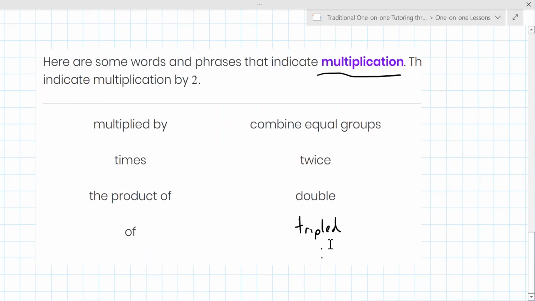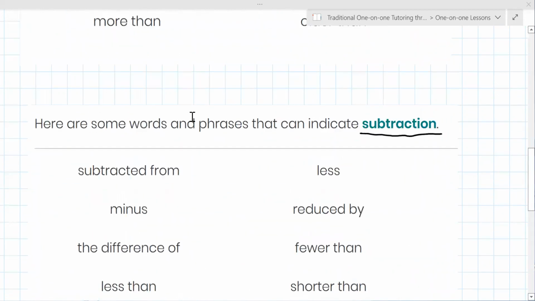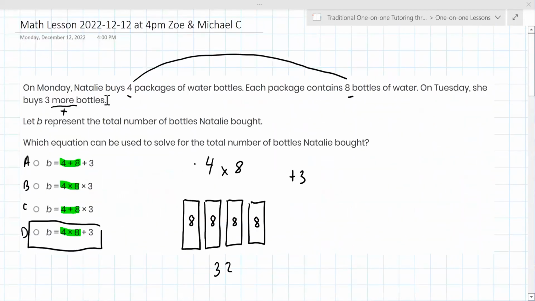Go ahead. Is this like if you find a word operation, is this the example of what we're trying to do? Yeah, if you go back to what we did earlier, we looked at a problem where you had to recognize that more was addition.